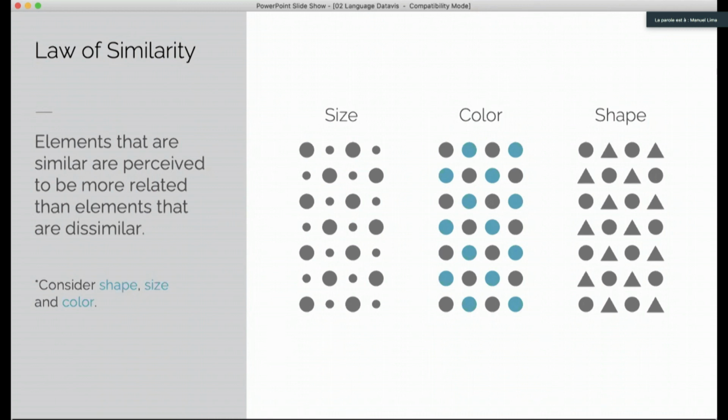So as soon as you see these three columns on the screen, yes, you do see that they are a block, right? A column, but immediately you perceive, you notice the differences between the various elements, right? You have small and large circles, you have blue and gray circles, and then you have circles and triangles. That's immediately graspable.